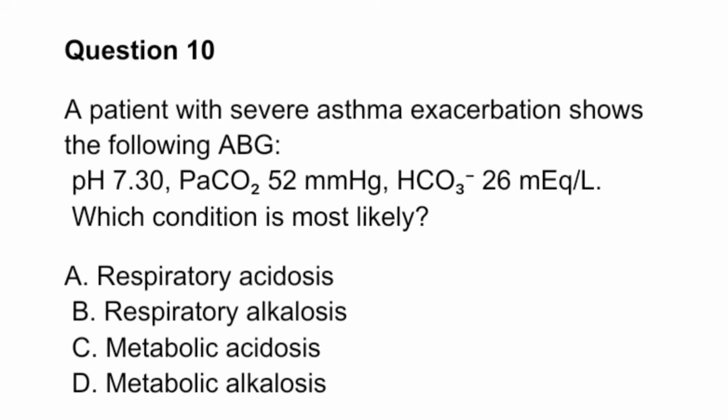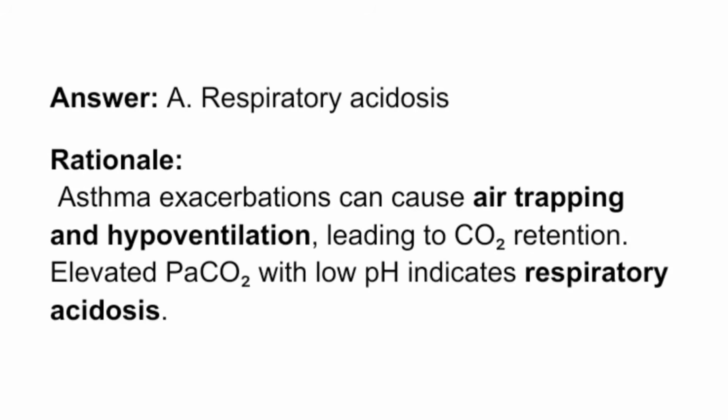C. Metabolic acidosis. D. Metabolic alkalosis. Answer: A. Respiratory acidosis. Rationale: asthma exacerbations can cause air trapping and hypoventilation, leading to CO2 retention. Elevated PaCO2 with low pH indicates respiratory acidosis.